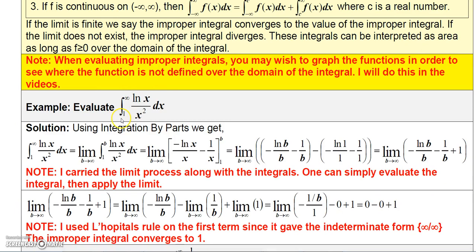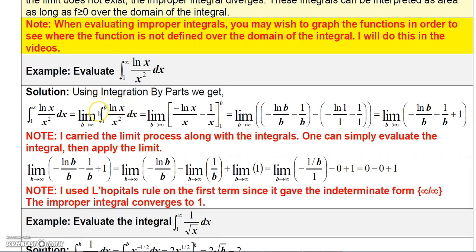Okay, so let's say I want to integrate from 1 to infinity natural log of x over x squared dx. I don't want to get lost in the integration here, so I'm going to smooth over that part. If you want to integrate from 1 to infinity, you're actually going to integrate from 1 to b, and after you evaluate that integral, you let b approach infinity and see what happens.